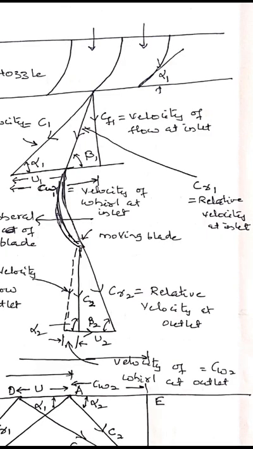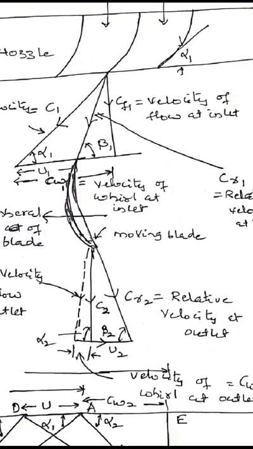Now, the steam will glide over the blades, and if the blades are very smooth, it will issue from the blade with the same relative velocity CR2. As there is no change in pressure of the steam while flowing over the moving blades, CR2 will be equal to CR1 if the blades are very smooth and there is no loss of kinetic energy due to friction between the steam and the moving blade.